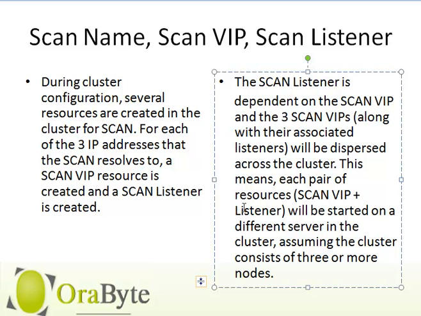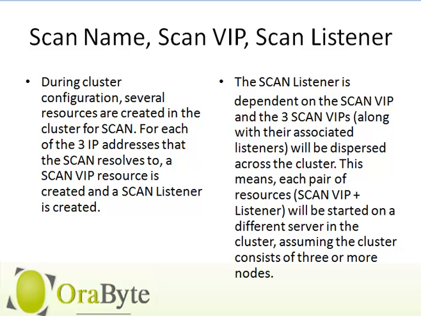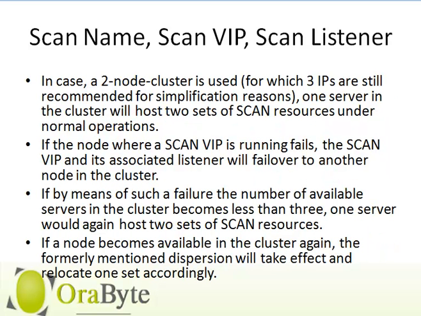If you have more than 2, then there will be one pair of scan VIP and listener per node. This is what I just told you. In case of 2 nodes, one server in the cluster will host 2 sets of scan resources under normal operations.